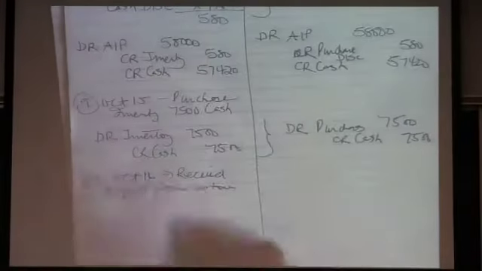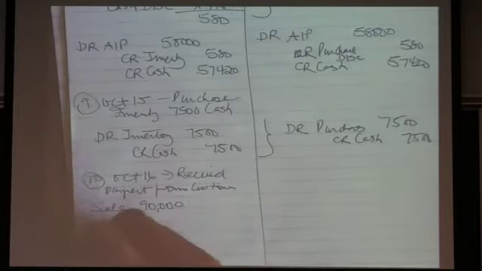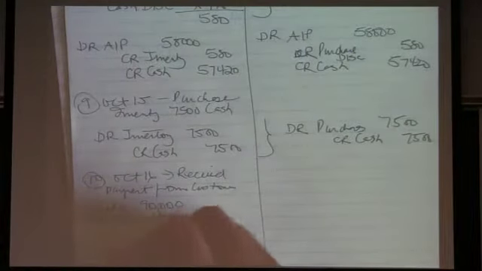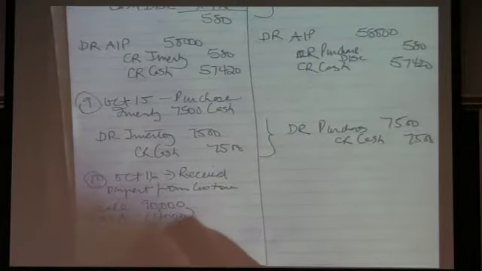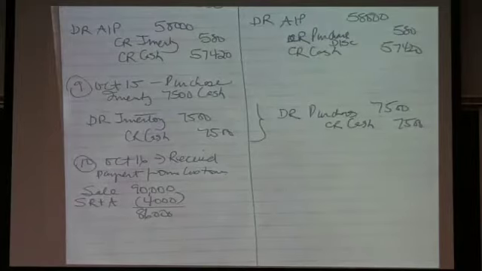Okay? So we know that sales were 90,000. There were sales returns and allowances of 4,000. So we have a net of 86,000. Now, did the customer qualify for the discount?